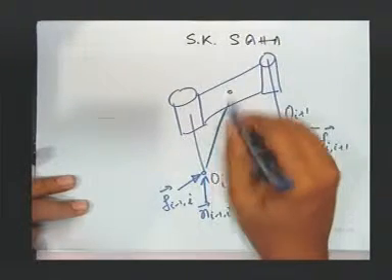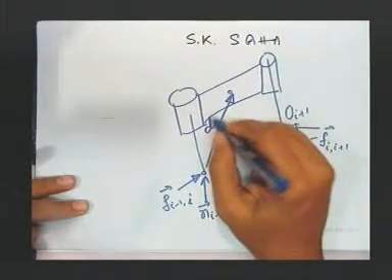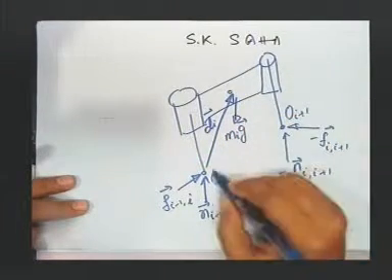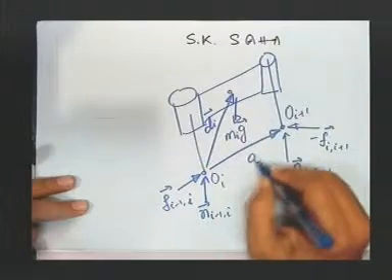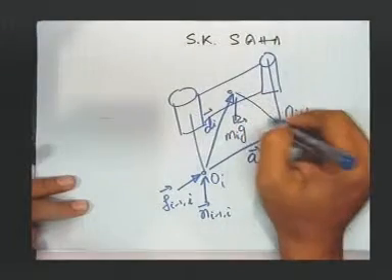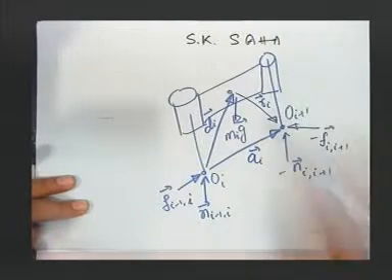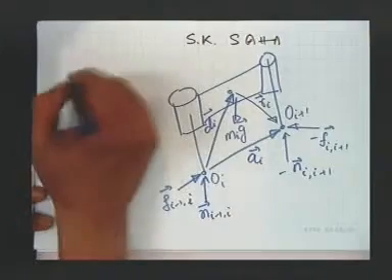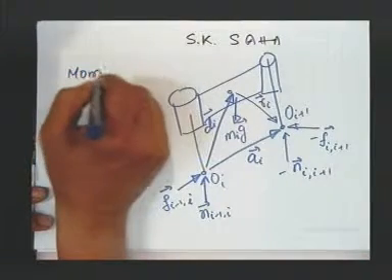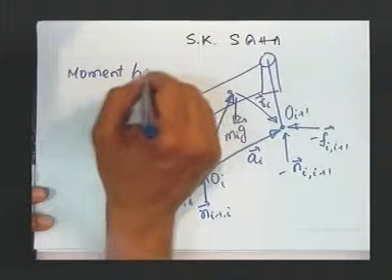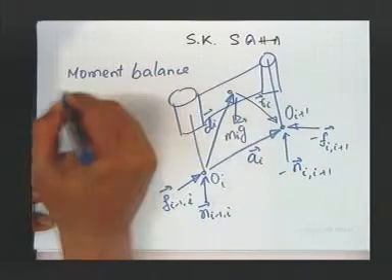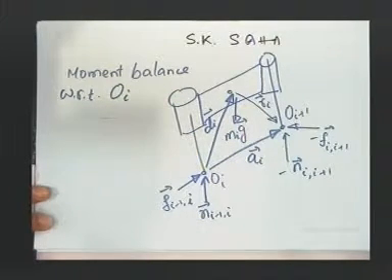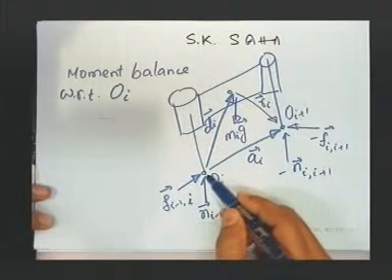So, this vector is d_i where m_i g is acting, then this is a_i, then this is r_i. Actually I am writing the moment balance with respect to O_i.